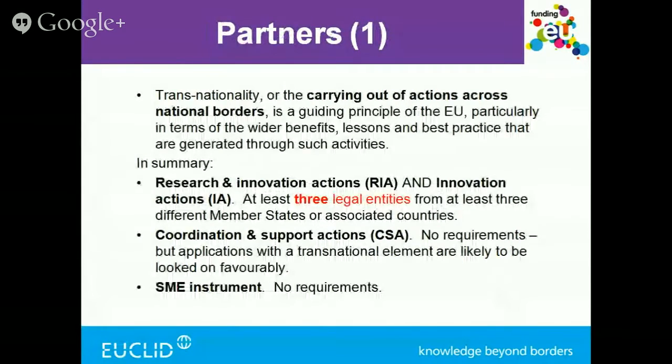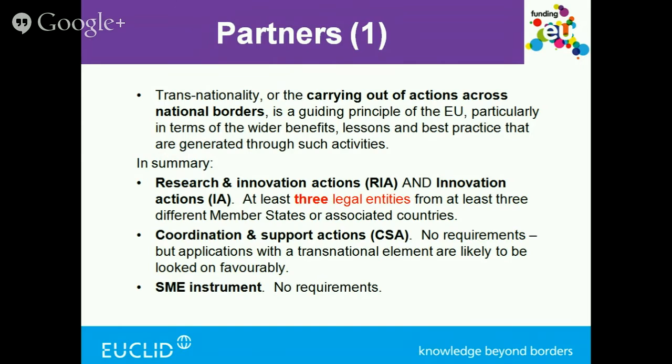Transnationality, or the carrying out of actions across national borders, is a guiding principle. So therefore, partnerships are okay. For both the RIA, the Research Innovation Action, and the IA, you need at least 3 partners from 3 different countries. So in spite of the fact that this is a huge program with huge amounts of money available, it's still no more than 3 as a minimum. I would suggest that you probably need at least 1 more than 3, but you can get away with just 3 organizations.